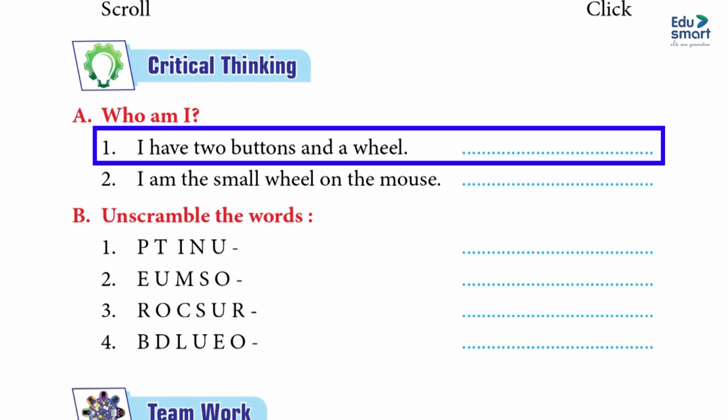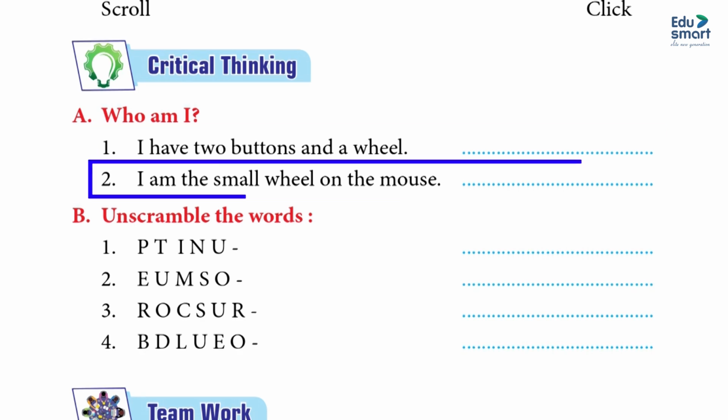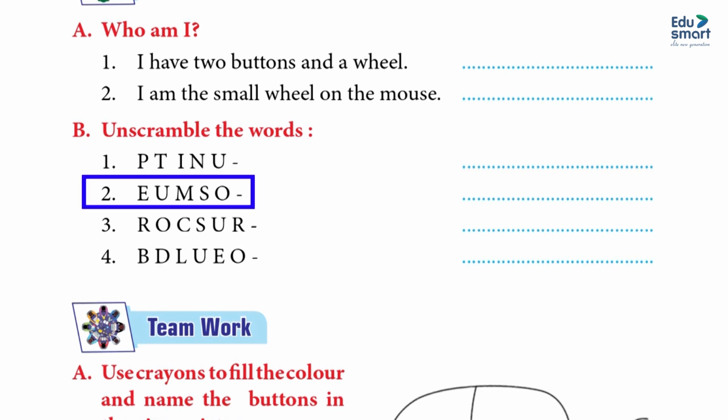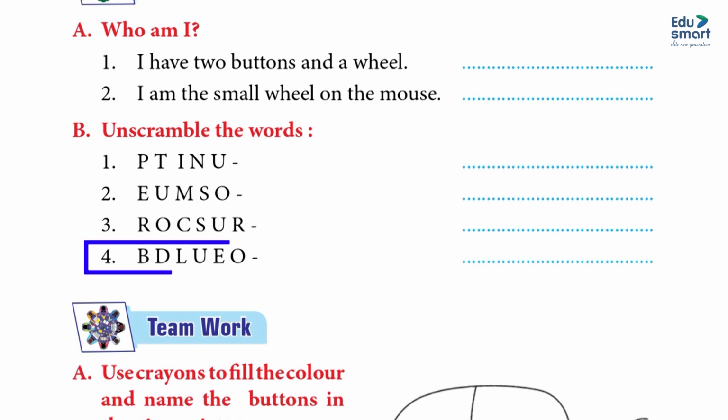Answer mouse. 2. I am the small wheel on the mouse. Answer scroll wheel. B. Unscramble the words. 1. Input. 2. Mouse. 3. Cursor. 4. Button.